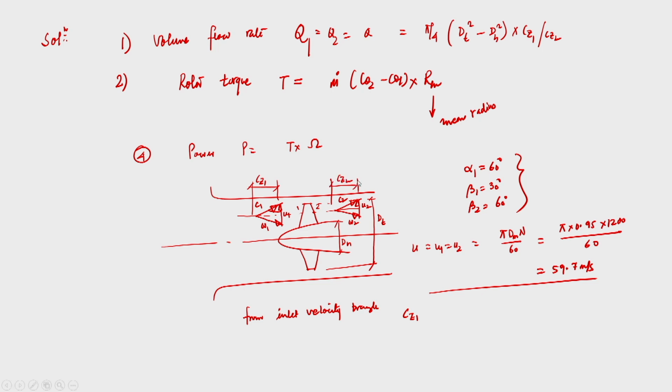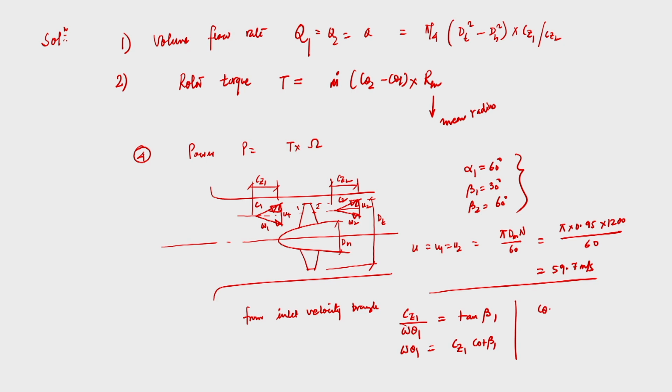These are the flow velocities at the inlet and outlet. So, Cz1 divided by W theta 1 is equal to tan beta 1, beta 1 is given, right. So, W theta 1 is equal to Cz1 cot beta 1.